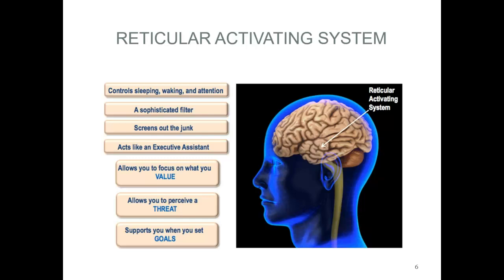It helps sort through what sensory information is important and what you can just tune out into the background. What is a threat? What's not a threat? It helps you pay attention. And part of that attending to information is that filtering. What do I need to pay attention to and what shouldn't I pay attention to? And so the reticular activating system is a big part of this emotional homeostasis that Eysenck's talking about.